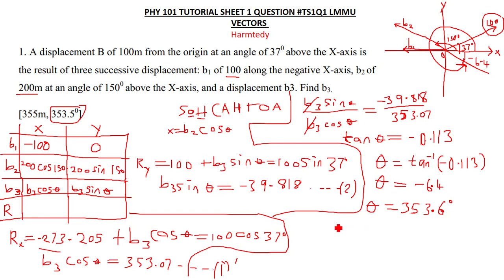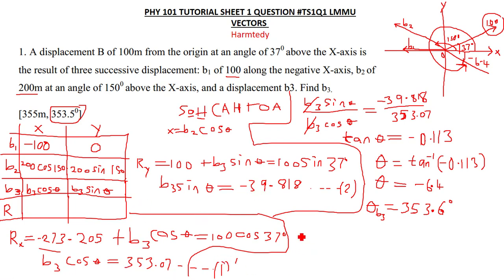And then we can also find the other part now. When finding the other answer, you can just simply use any of these equations. To find the magnitude or the displacement of this B3 we are looking for, so this is the angle for B3, I can just write this, and then we find the magnitude of B3. The magnitude of B3 will be found by using any of these two equations.